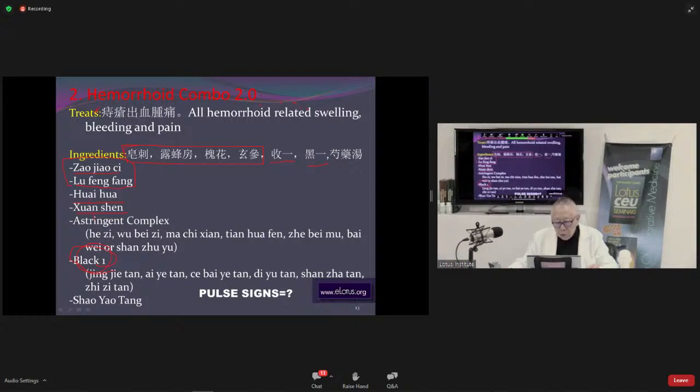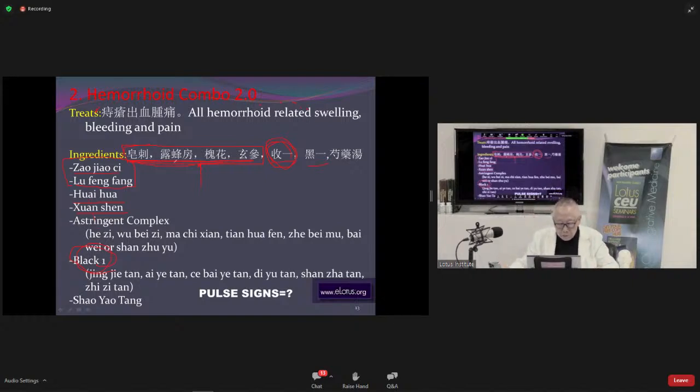Actually, if you think there's too much trouble, you can just simplify it by using astringent complex. It will help too. But this four is especially designed for hemorrhoid, bleeding or not, and is even good for an aneurysm in the head, the swelling brain tissues. I mean the veins or arteries, anything.